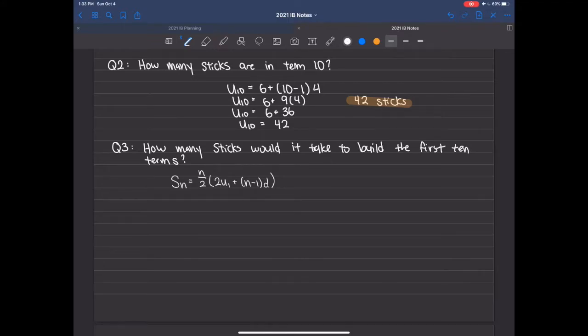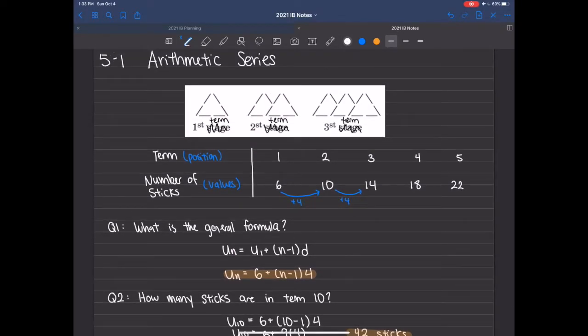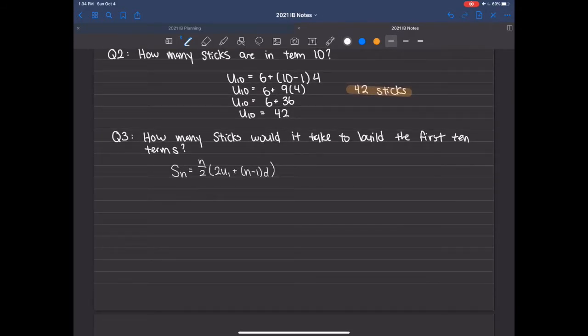So in this case, we know that our first term is 4 because it takes 4 sticks. Nope, first term is 6 because it takes 6 sticks to build the first term. Our common difference was 4. And this question is really asking us about the first 10 terms.